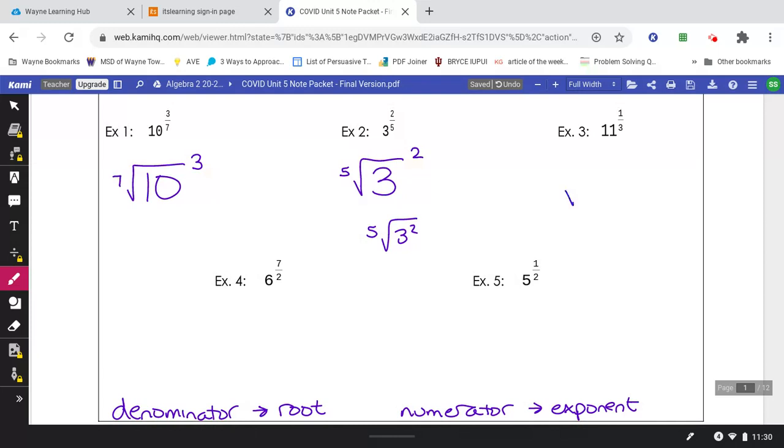For number 3, we have the 11, the 1, and the 3. Now I want to make a little note about this 1 right here. This 1 actually doesn't have to be written. I can write my answer as just the third root of 11.